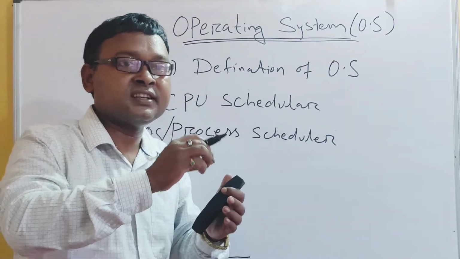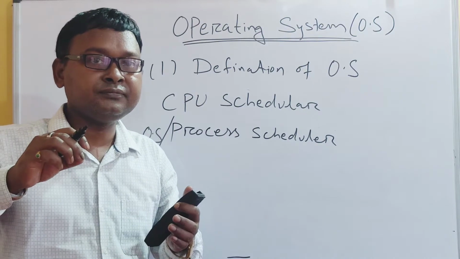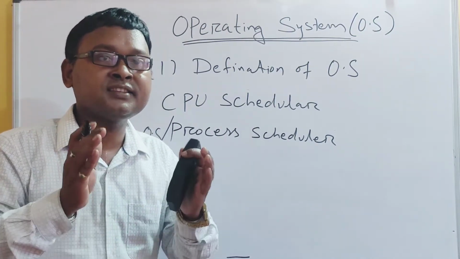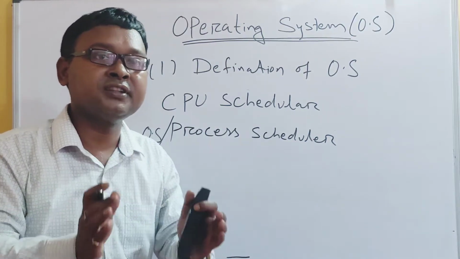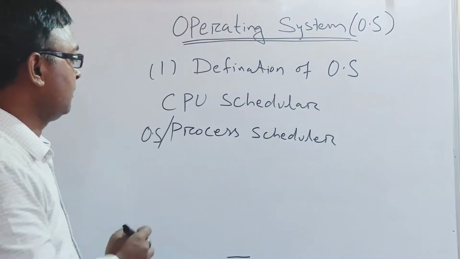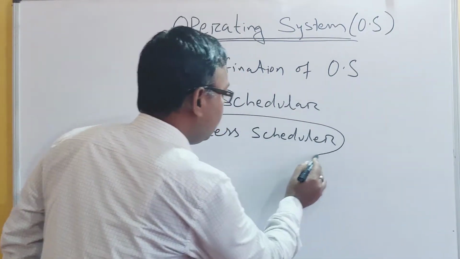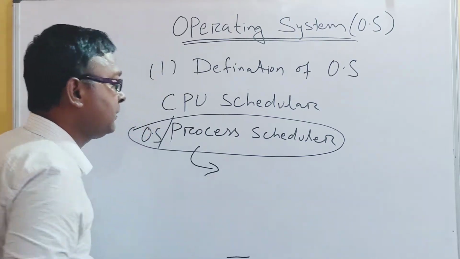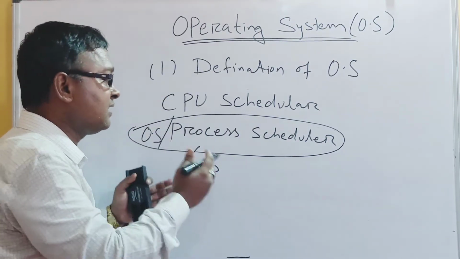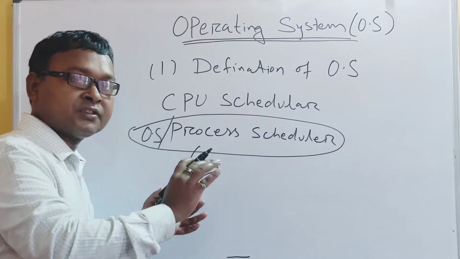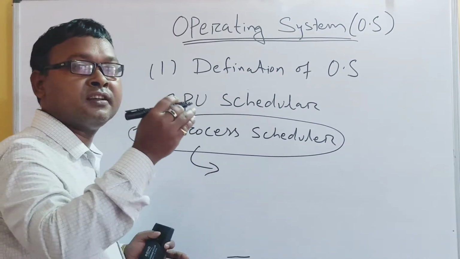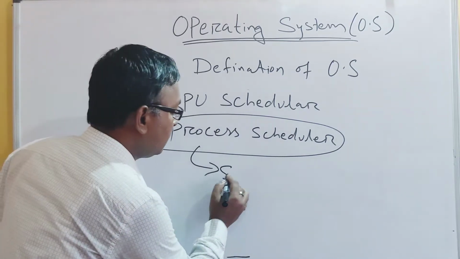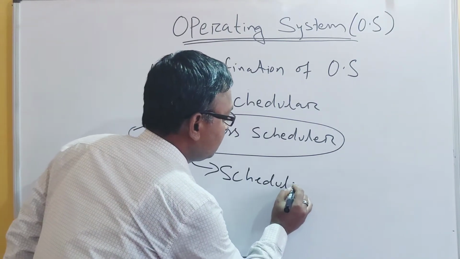In a certain manner they have to be managed and kept in the primary memory. How will it do that? The operating system will manage and control the processes by using the scheduling algorithms.